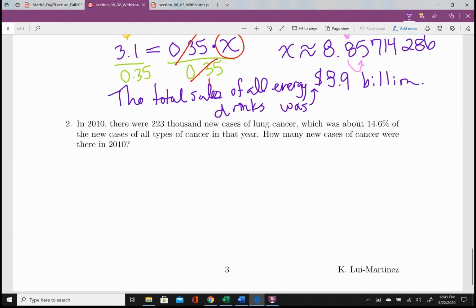So let's probably do this in a little bit of a better order. Let's go ahead and let X, and you can choose different variables if you want. If you're like, X is too boring, I want to say C for cancer, by all means, pick a more descriptive variable if you want. I'm going to choose X though, stylistic choice, totally fine.